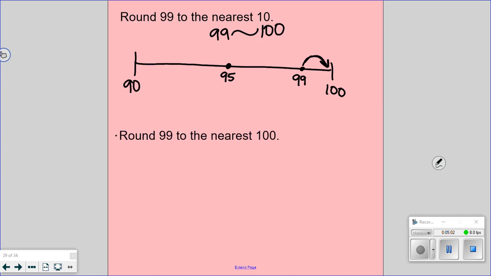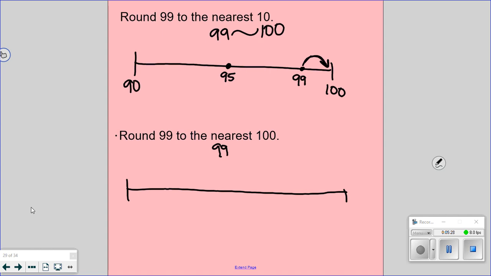So now let's round 99 to the nearest 100. Go ahead and draw another number line. We're still going to write 99 above because we're still working with 99. What 100s is 99 in between?